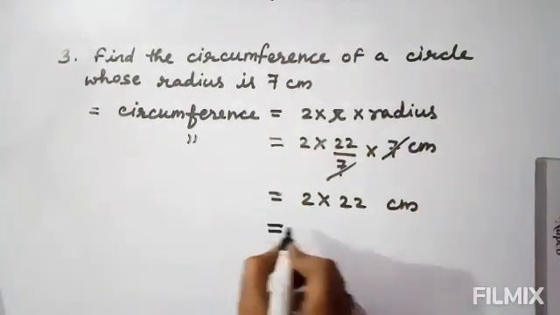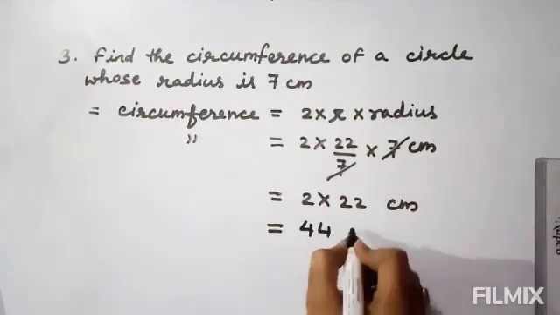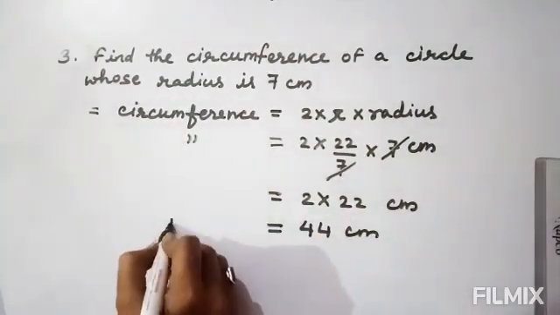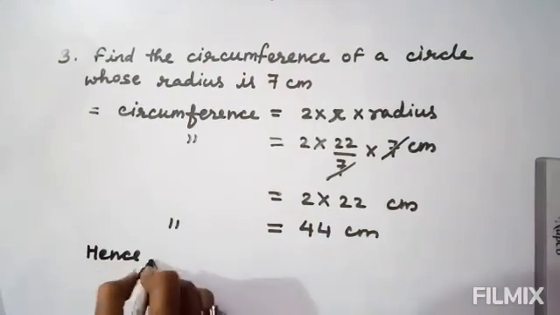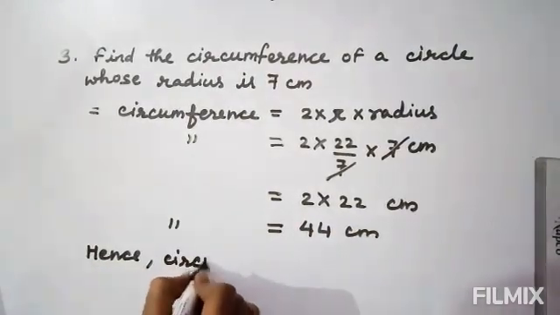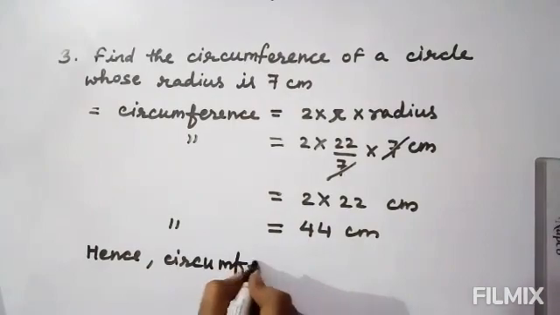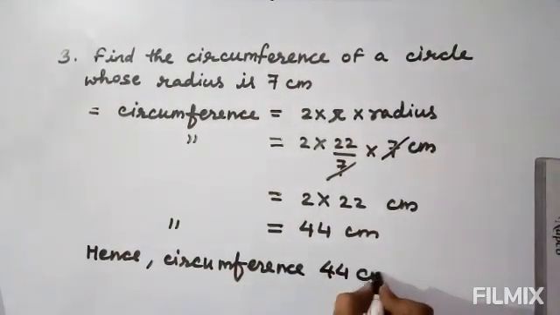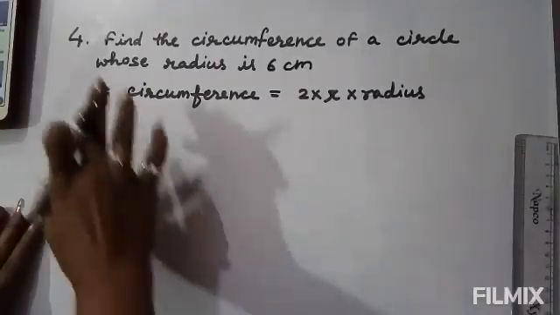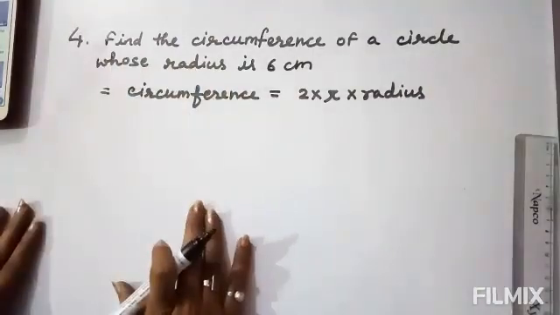That will multiply to 44 cm. It means the circumference of the circle is 44 cm. Understand?